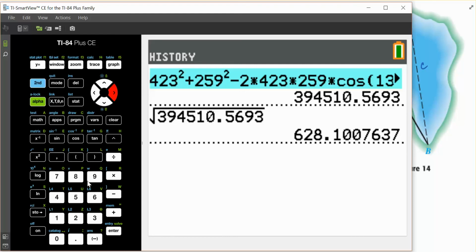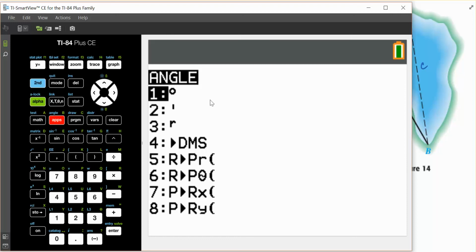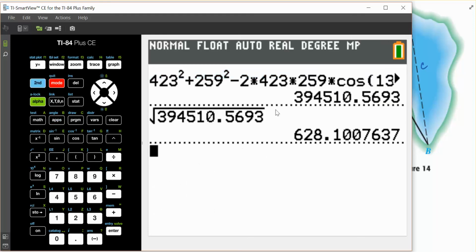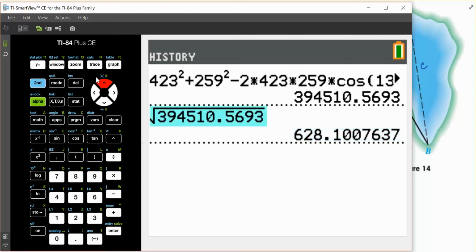If you've forgotten how to find the degrees and minutes button on your calculator, go to Second Apps, which brings up the degrees and minutes button, and you use that to put the angle given in the problem into your calculator. When I put that whole string in, I ended up with that large number, 394,510, highlighted in blue.